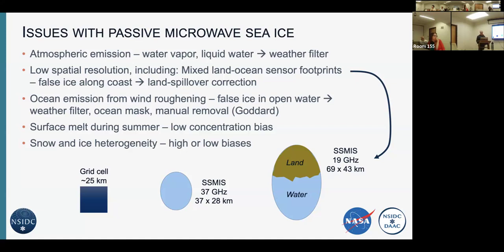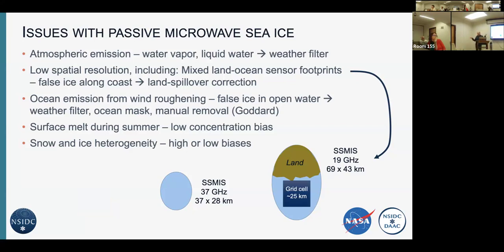And if you've got land in part of that footprint, and you put a grid cell there, you're like, well, that's open water, right? That's 0% ice, it's just open water. But what's going into this grid cell is that footprint, which includes land.